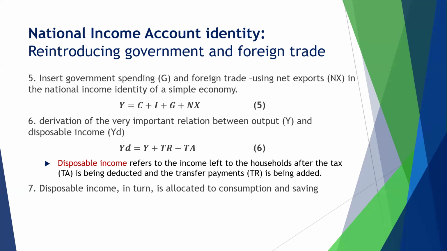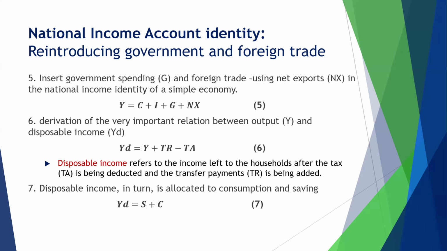This is actually the income left after the transfer payment is added and after the tax is deducted. We will be using our disposable income for consumption and even for future consumption. That is why we do savings. Therefore, the disposable income is equivalent to savings plus consumption.